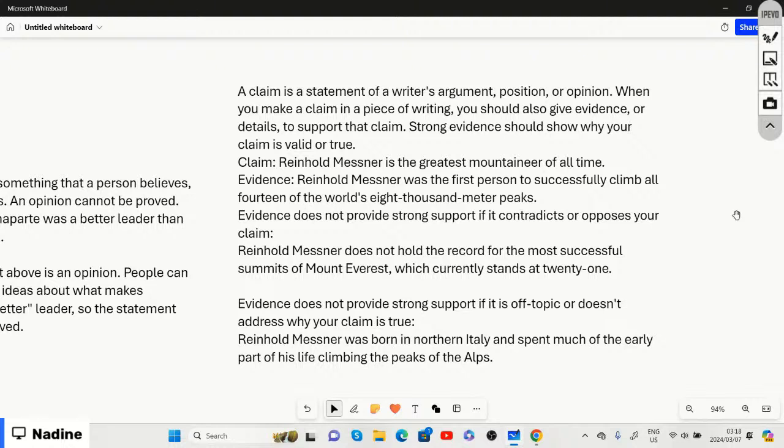So Reinhold Messner does not hold the record for the most successful summits of Mount Everest, which currently stands at 21.